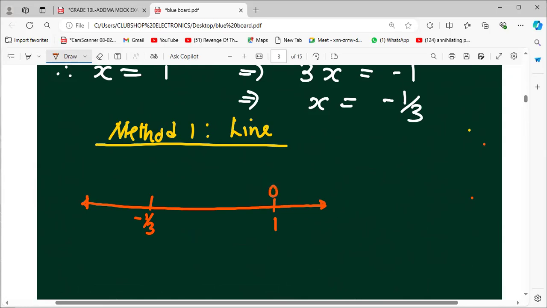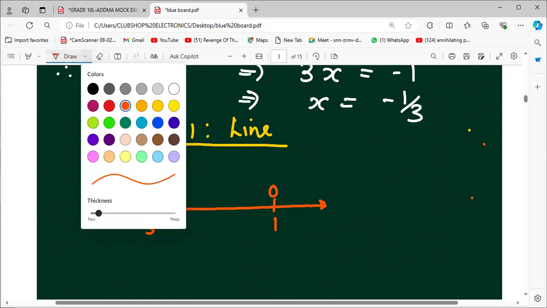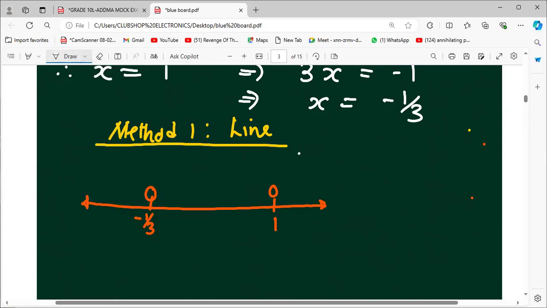So we can draw the points here. Now, you can see that clearly there are three regions that we are dealing with. This region going to the left, you can call it A. Then there's this region here, call it B. Then there's this region going to the right, we can call it C.